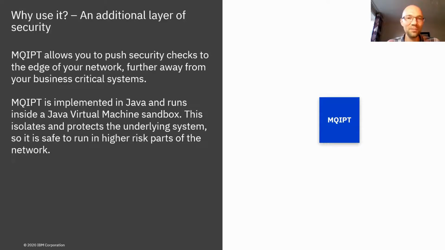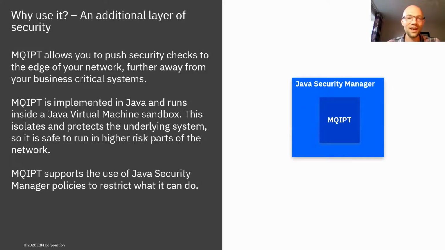So MQIPT is written in Java, which means that it's a reasonably secure programming language, by which I mean that the code running in MQIPT doesn't have access to other processes that are running on a machine, unless something goes wrong with the Java virtual machine. So it has security built into it in that way.